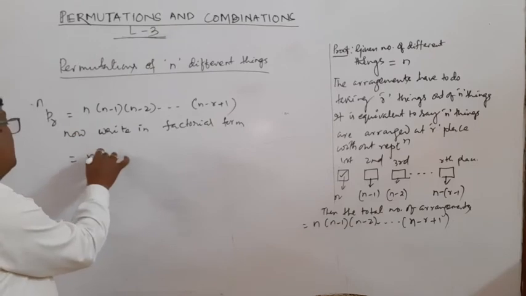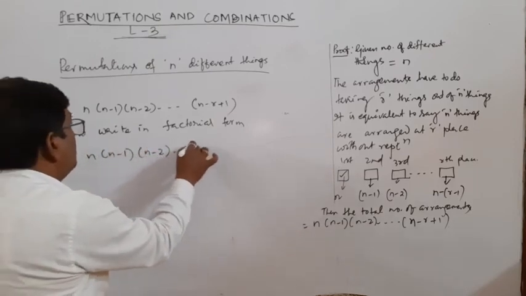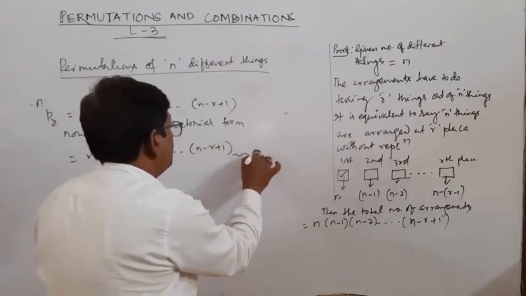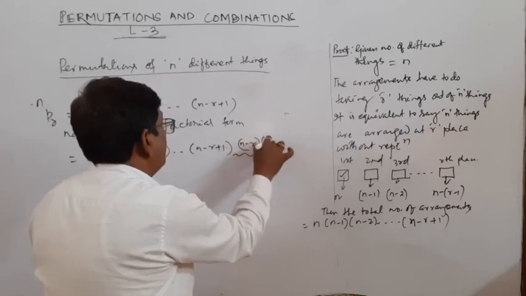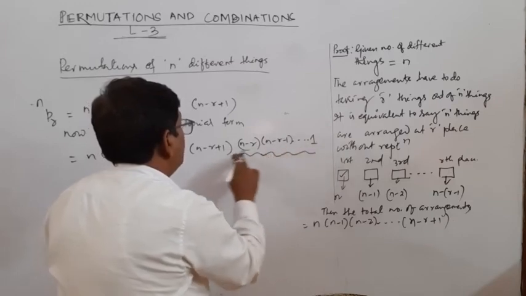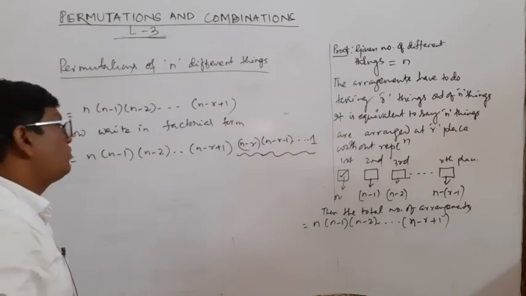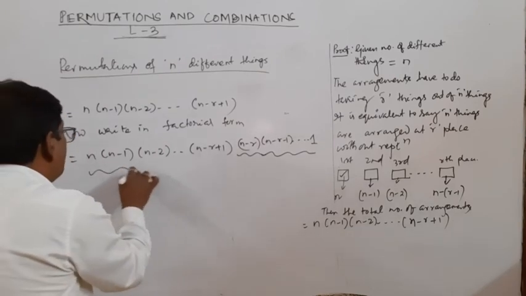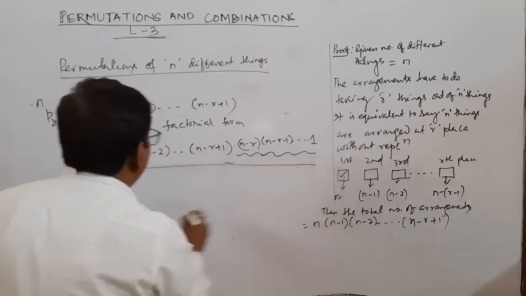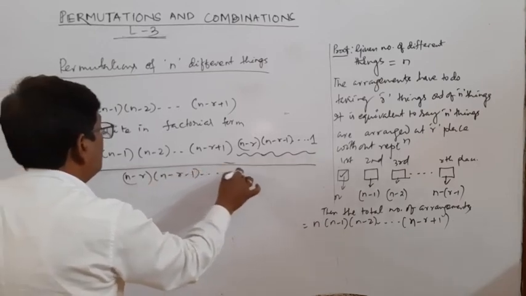The previous is n into n minus 1 up to n minus r plus 1, and the extra term is n minus r, n minus r minus 1 up to 1. So we have to multiply by it, and also divide by this factor.